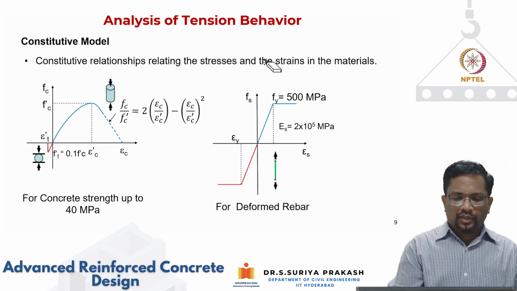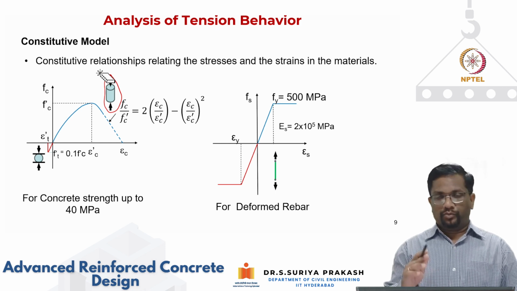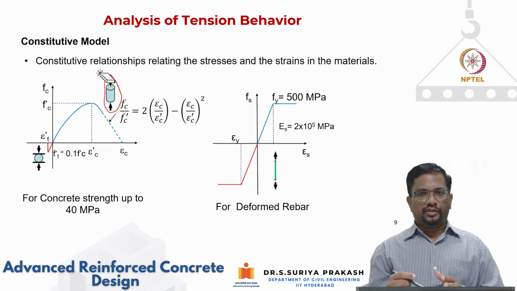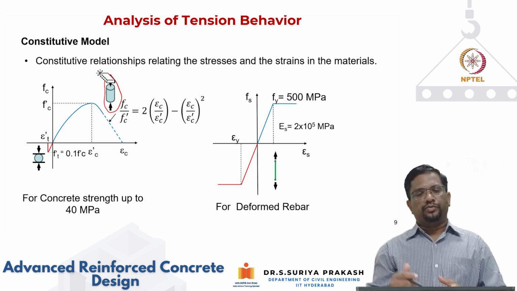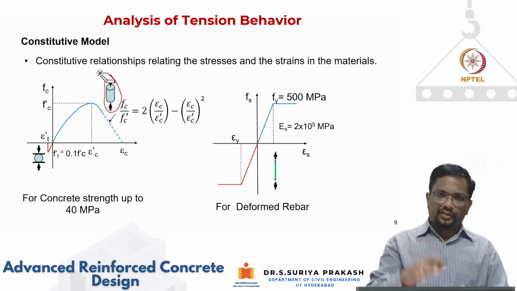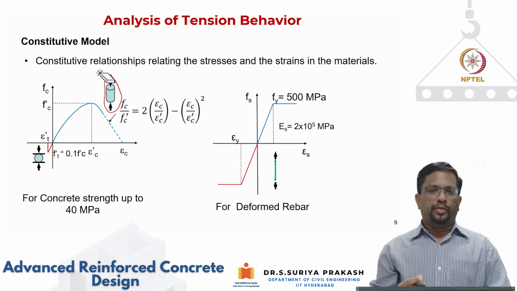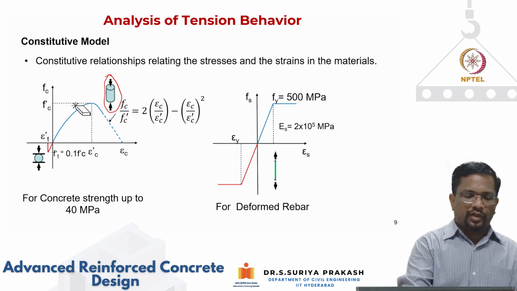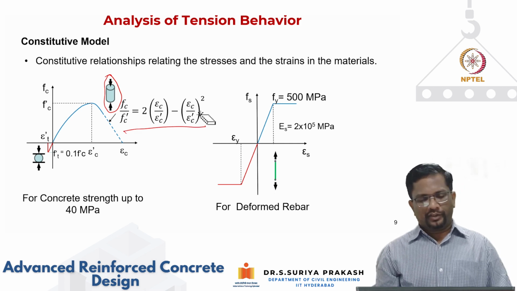So this is the stress-strain curve behavior for a concrete cylinder. Now you can ask me, why are we taking this parabolic stress-strain relationship? If you look at IS 456, it gives you a parabolic portion and then a straight portion. But if you test a cylinder of concrete with strength lesser than 40 megapascal, usually the behavior can be approximated with these relationships that we discussed in detail in the material chapter.